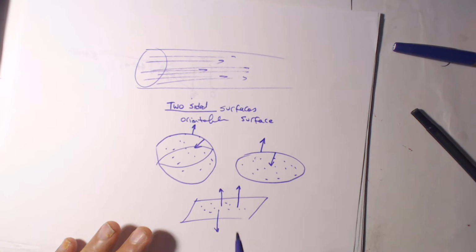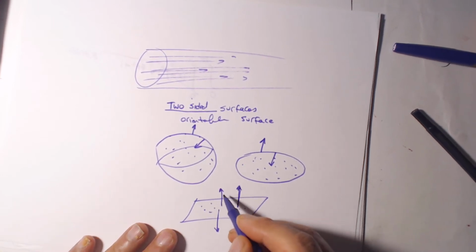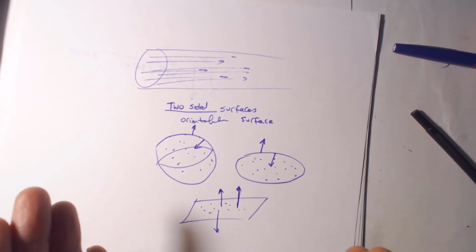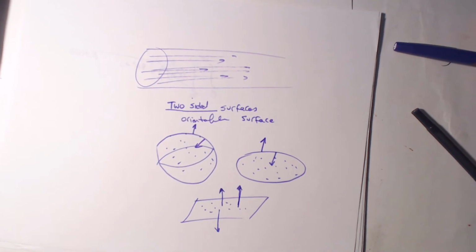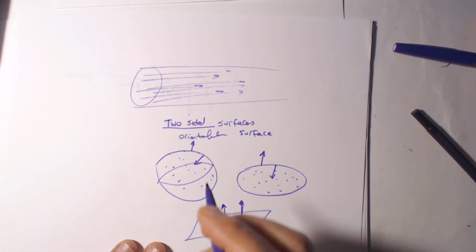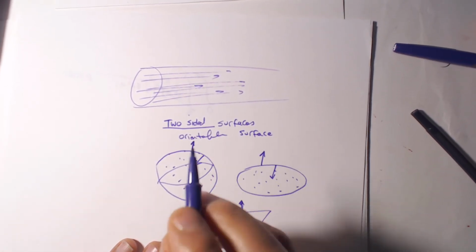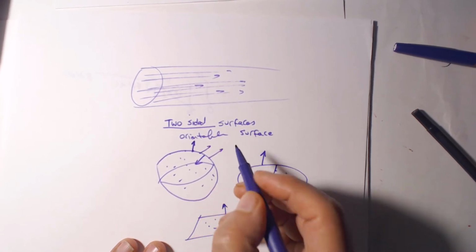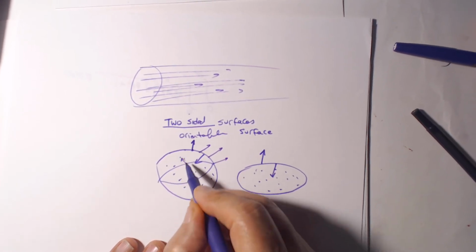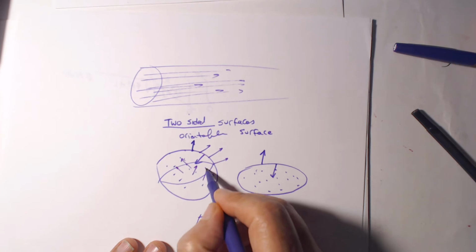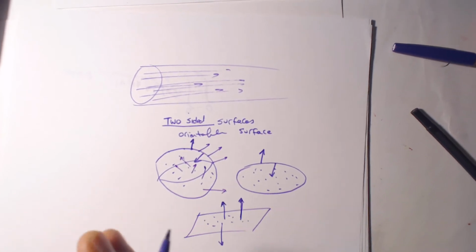And the normal vector must have pretty much the same direction. Somebody said, what do you mean by the same direction? It means if you are walking over the surface and your head is up, at any given point you go, your head must be up.